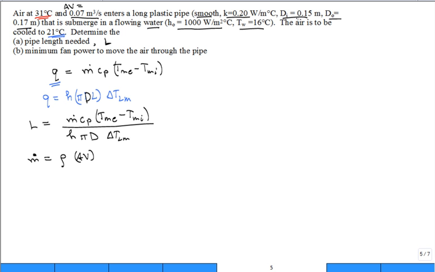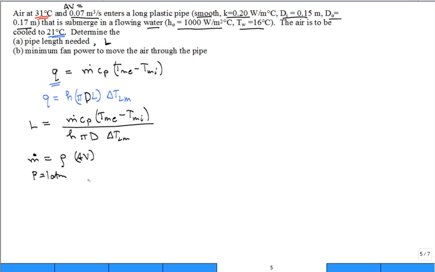I look, it's not given to me anywhere in the problem statement, so I'm going to have to go and calculate that density. Well, what does it say about the pressure in the air? There's no assumption about that, so I assume 1 atm. The pressure is about 1 atmosphere.